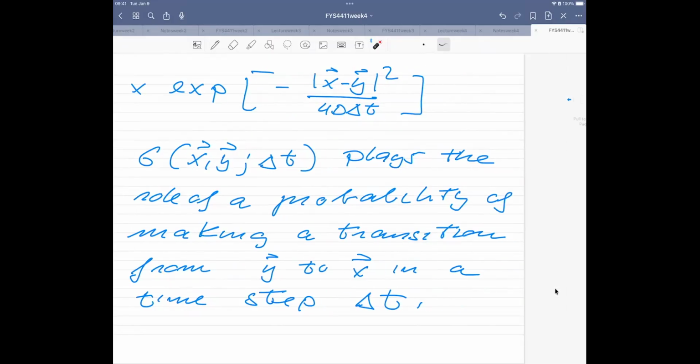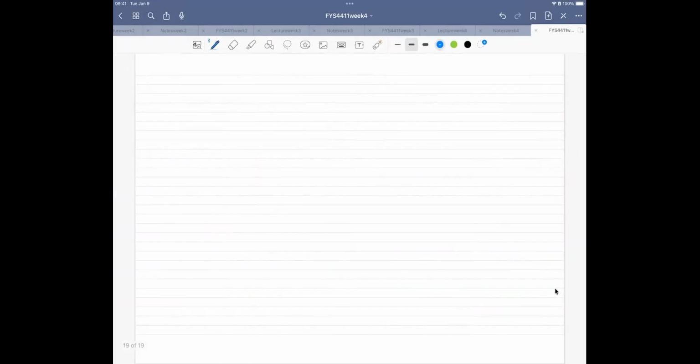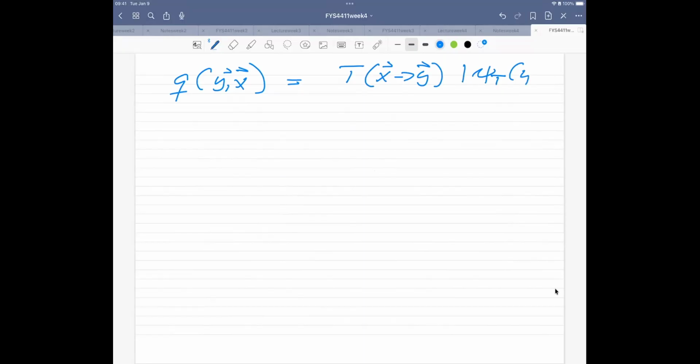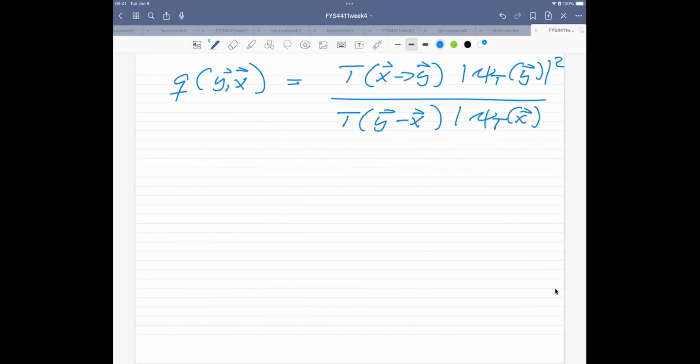So in this case, if I take the ratio, this variable which we called R, was given by the probability of making a transition from x to y, times the wave function squared at y, divided by the transition probability from y to x multiplied with psi_T of x squared.